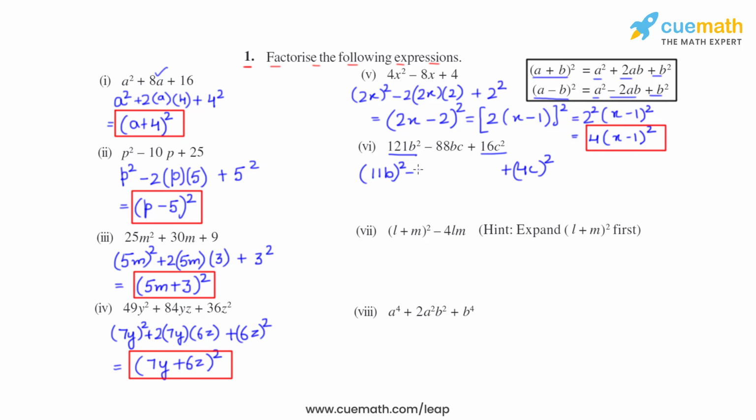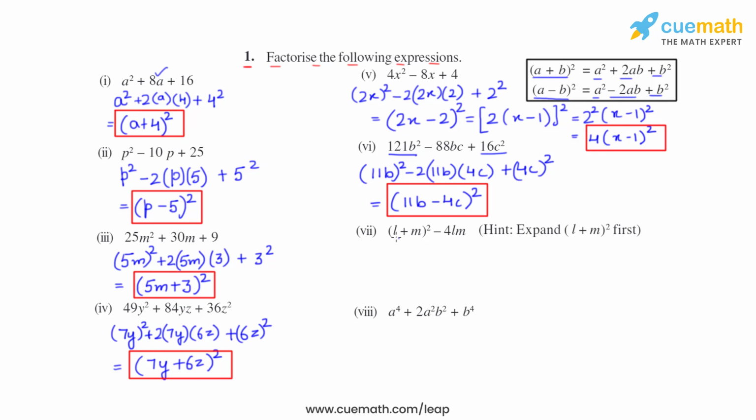So we are getting the middle term, that is 2 into A, A is 11b, into B, B is 4c. So we are getting the form A² minus 2AB plus B², which is equal to (A minus B) whole square, that is (11b minus 4c) whole square. So this is the factored form for the sixth expression.